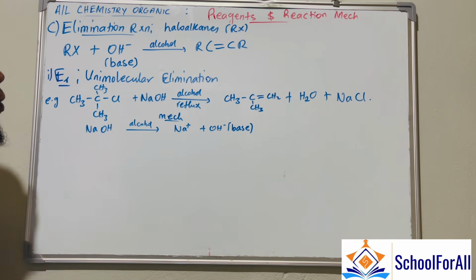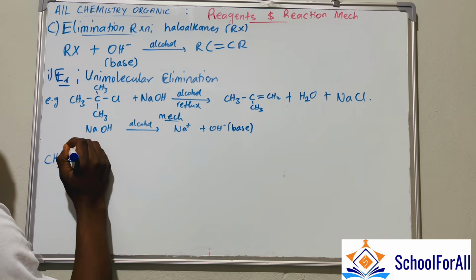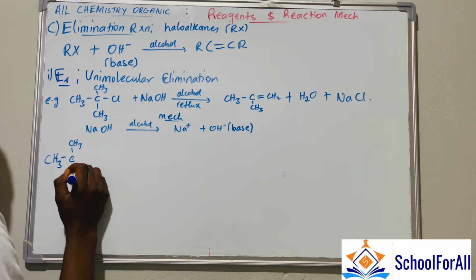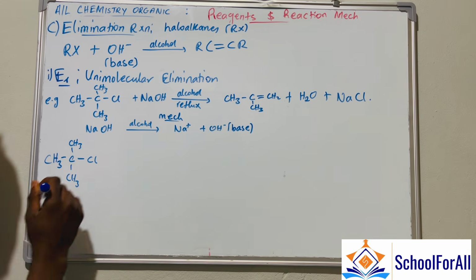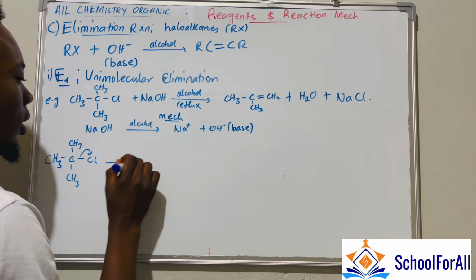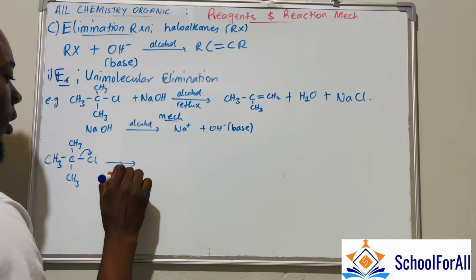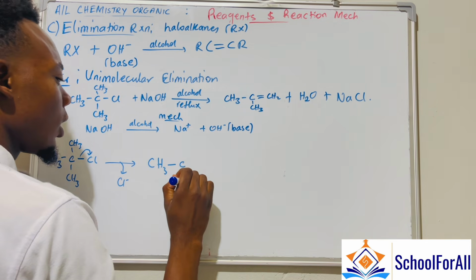As usual, with the formation of my carbocation, since this carbon is surrounded by electron donating groups, this chlorine can easily go out. Now the chlorine is going out, I will have my carbocation.